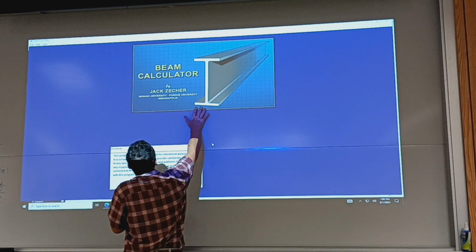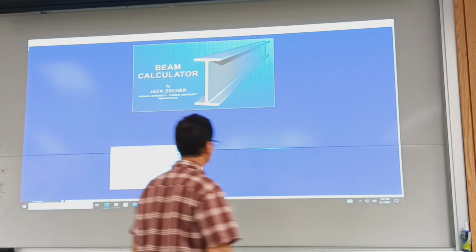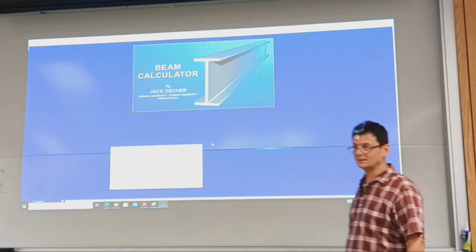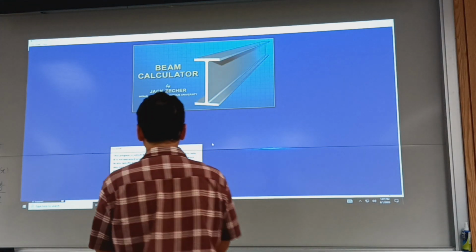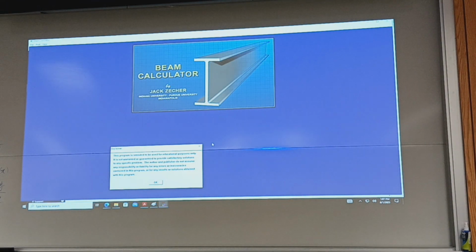One of his contributions is the beam calculator. You either do hardcore research or you call yourself a professional track, a clinical professor, a non-research guy. But this is what he prepared, and it says intended for education purpose.